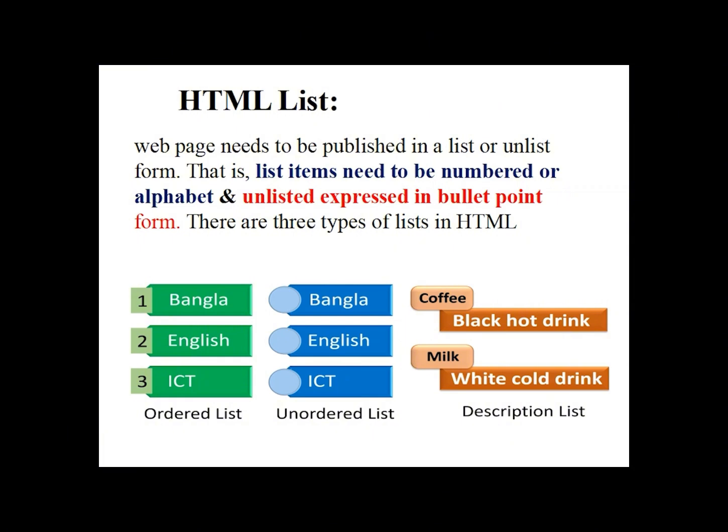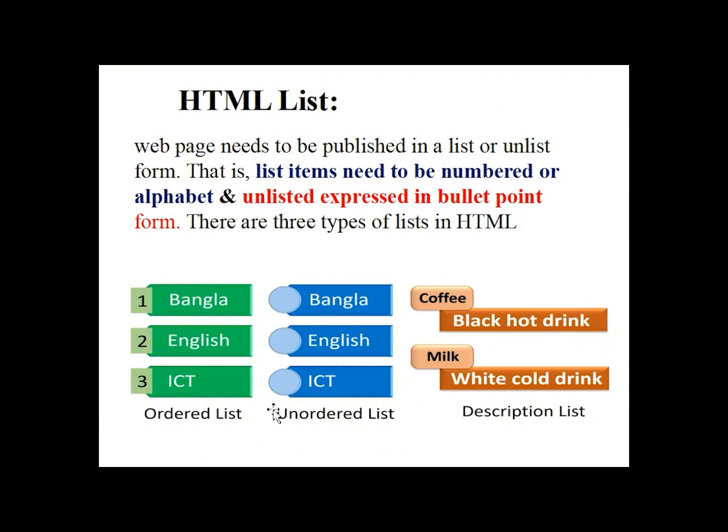The very first, the ordered list, as we have seen: Bangla, English and ICT, the 3 subjects are aligned and published within the ordered list. And there is actually a circle or a disk.